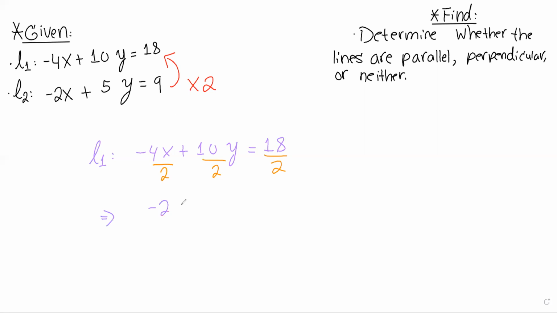So this becomes negative 2x plus 5y equals 9. Wow, so therefore line 1 is line 2. It's algebraically equivalent. In other words, it was the same equation as L2, but it was simply multiplied by a factor of 2.